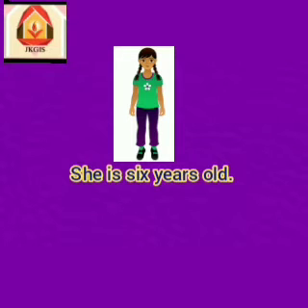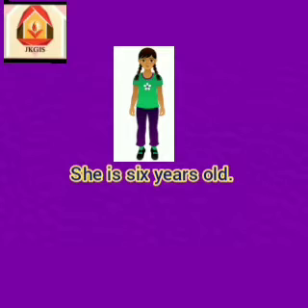Now, here we can see another picture. It is a picture of a girl. Her name is Ria. She is 6 years old. Here we have used she in place of Ria because when there is one girl or one woman, we use the pronoun she.